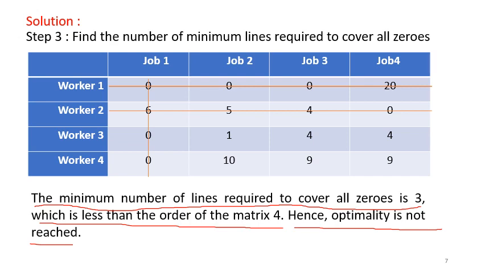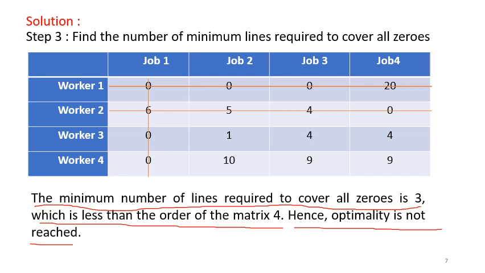The minimum number of lines required to cover all zeros is 3 and the order of the matrix is 4, so optimality is not reached. So you have to modify the table again.